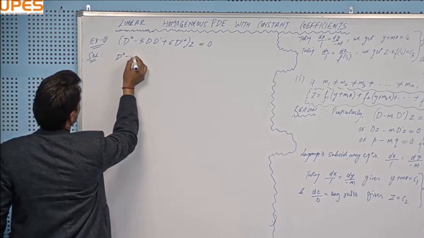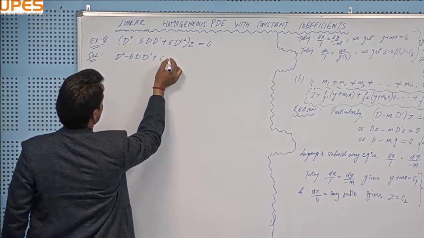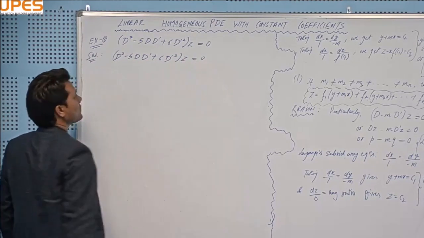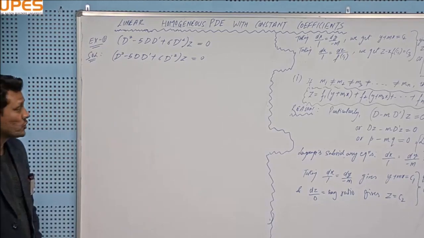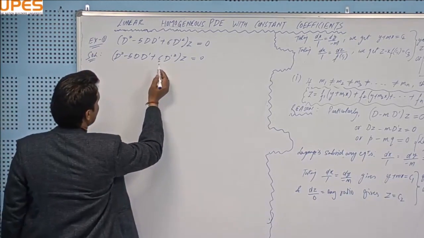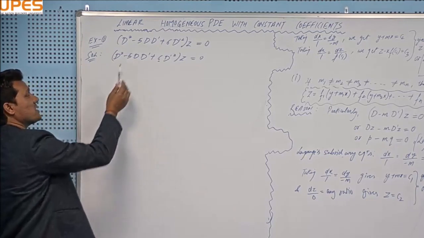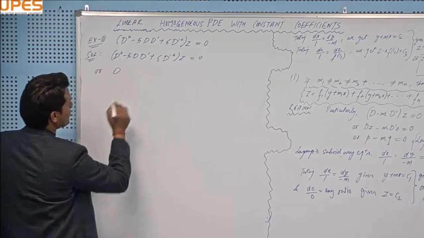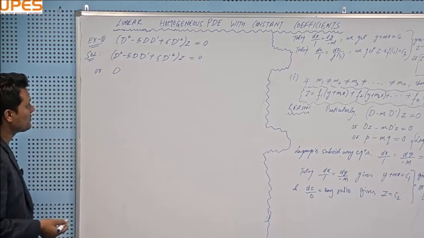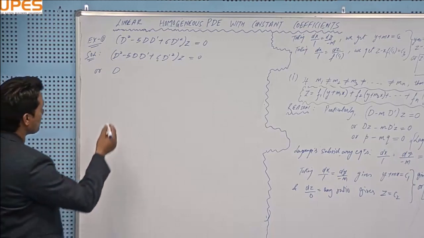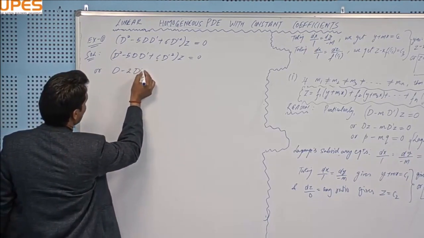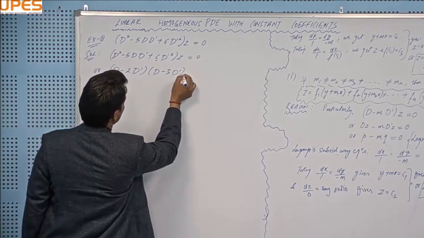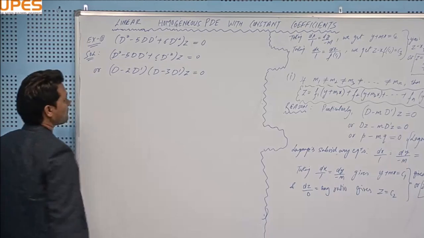This is very similar to a quadratic equation: we need two numbers whose product is 6 and sum is minus 5. So I will write it as D square minus 3 D D dash minus 2 D D dash plus 6 D dash square, and taking common factors and simplifying, I will get (D minus 2 D dash)(D minus 3 D dash) z equal to 0.